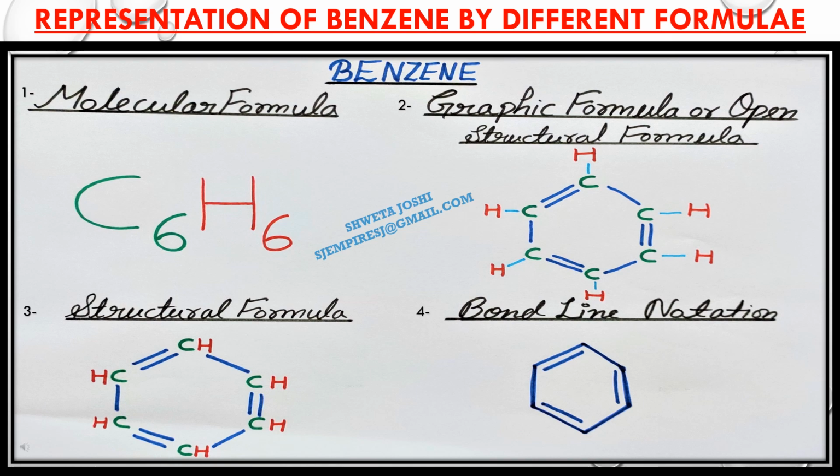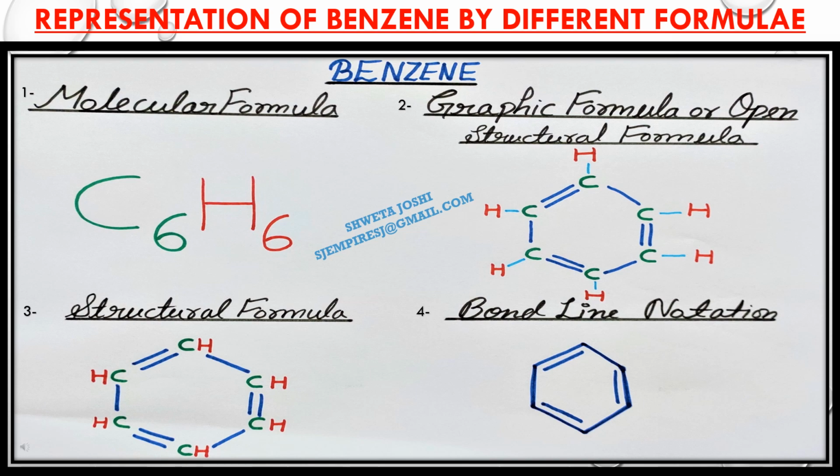As we can see in the diagram, there are 3 double bonds alternating with 3 single bonds. Since the valency of carbon atom is 4, we have to attach each carbon atom with 1 hydrogen atom. In this way, all the 4 valencies of carbon atoms in the benzene ring are satisfied.